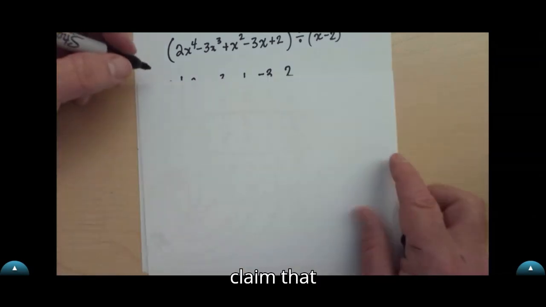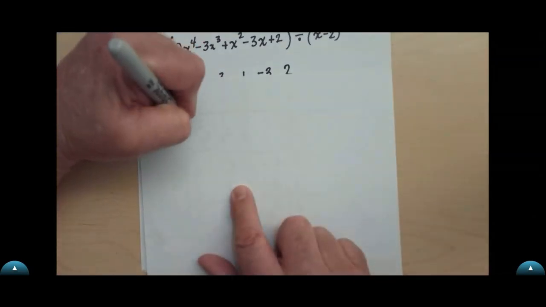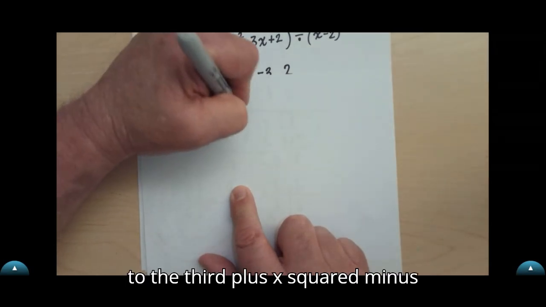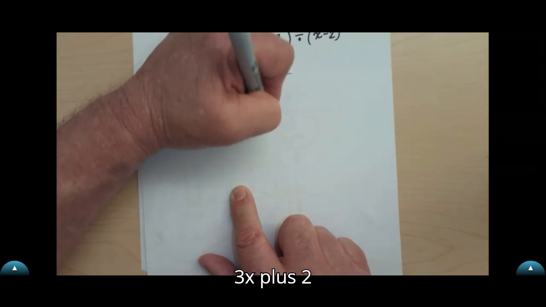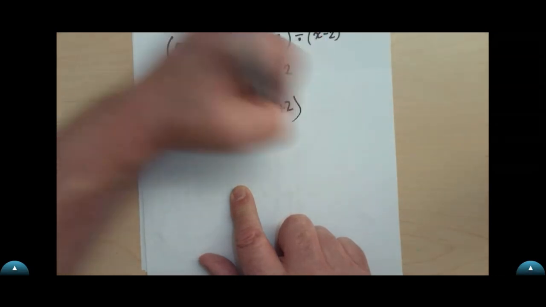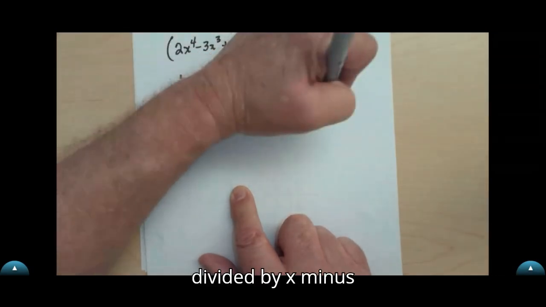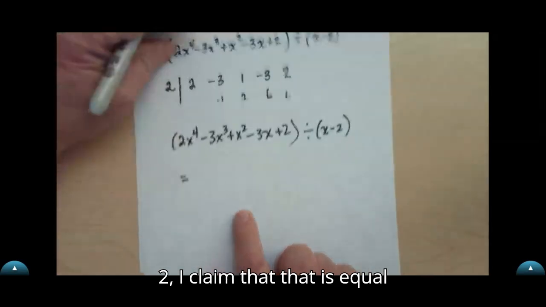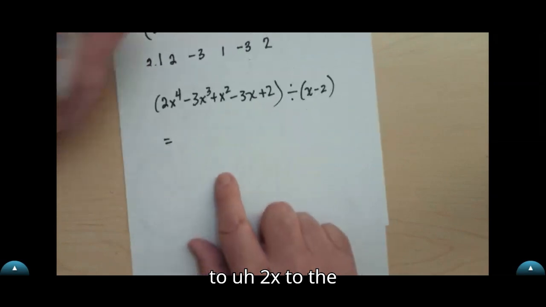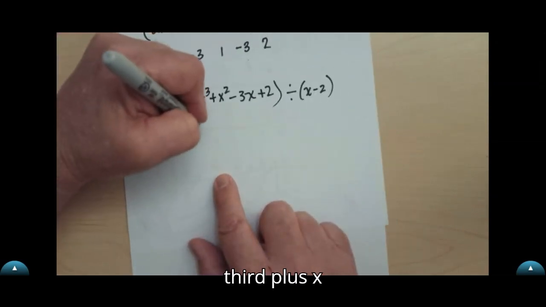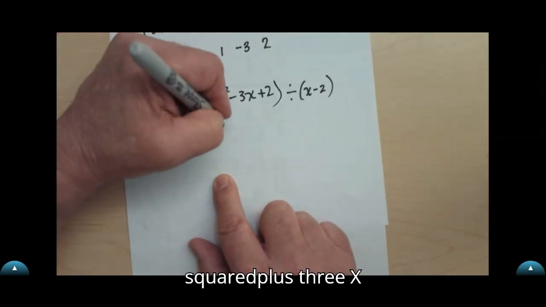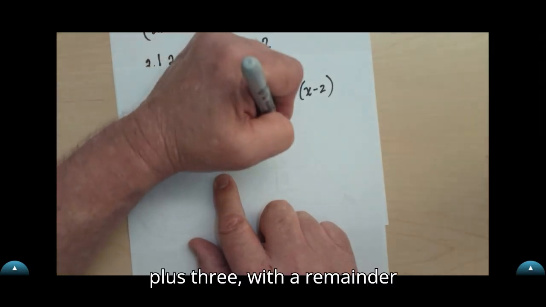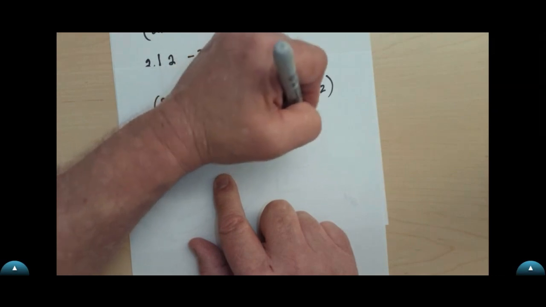I claim that 2x to the fourth minus 3x to the third plus x squared minus 3x plus 2 divided by x minus 2, I claim that that is equal to 2x to the third plus x squared plus 3x plus 3 with a remainder of 8.